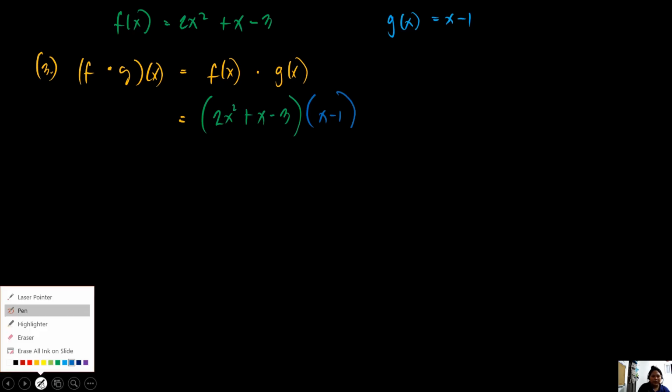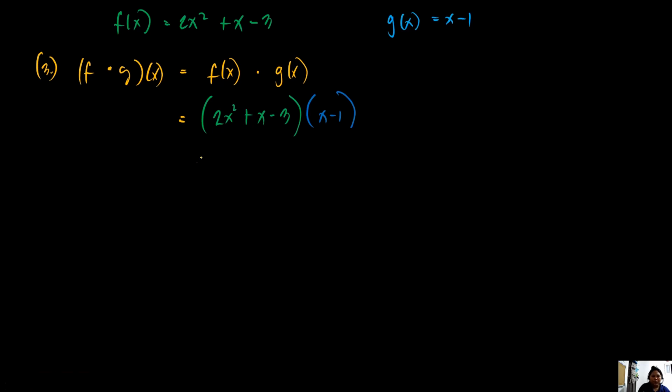Since it is multiplication, we're just going to distribute the given to the inside of the group. Let's start with 2x squared. 2x squared times x, we will get 2x cubed. 2x squared times negative 1, we will have negative 2x squared. So we're done with the 2x squared.